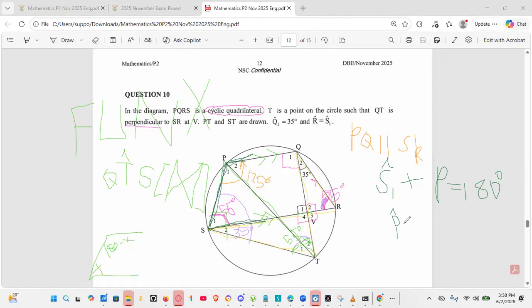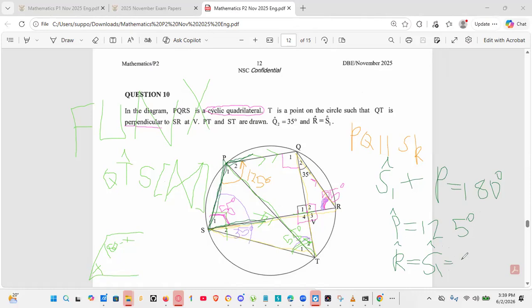I'll just label it the whole P. P is 125, and R equals S1 equals 55. That was given. Those are both 55. Therefore, I can say the two lines are parallel because the co-interior angles are supplementary.